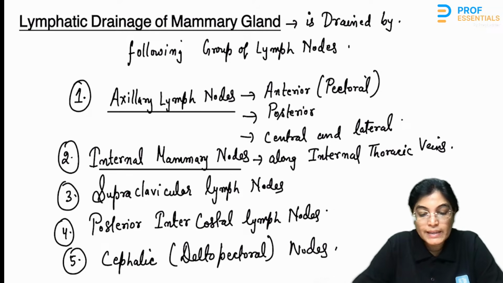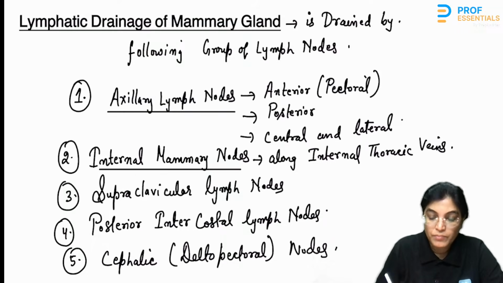Other than that, in addition to the above mentioned major sources of lymphatic drainage, the lymph will also drain into subdiaphragmatic and subperitoneal lymph plexus. So you can just write down two more.